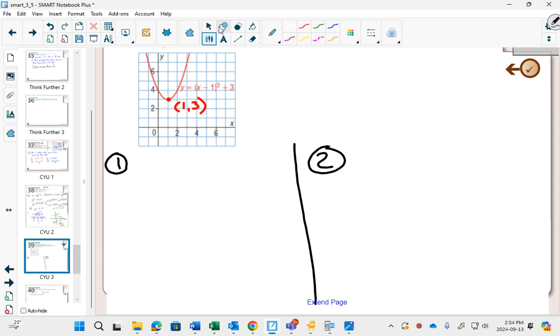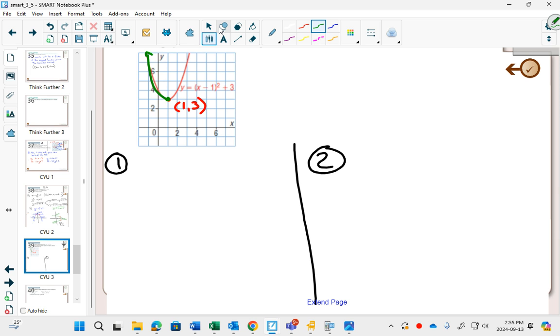Now, if a function passes the horizontal line test, then its inverse is a function. Can you see that if you only took half of the parabola and ignored the other half, then it would pass the horizontal line test?